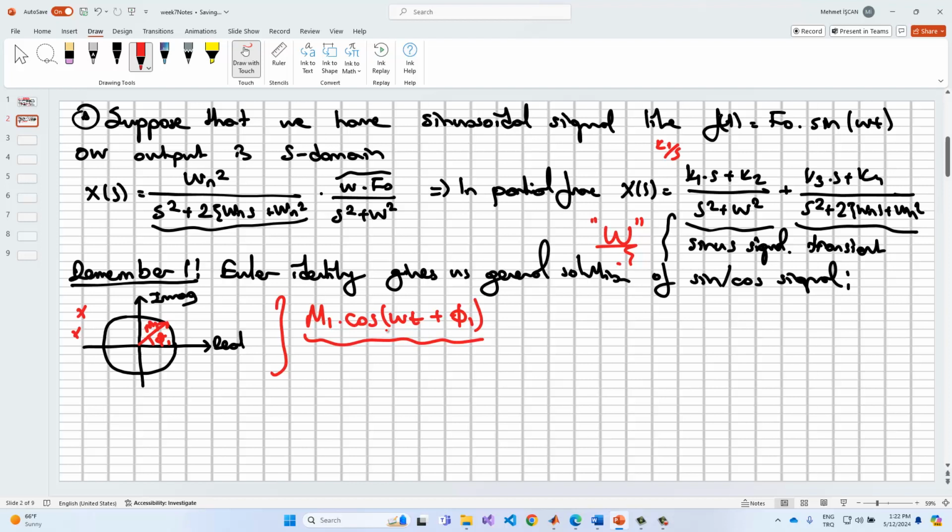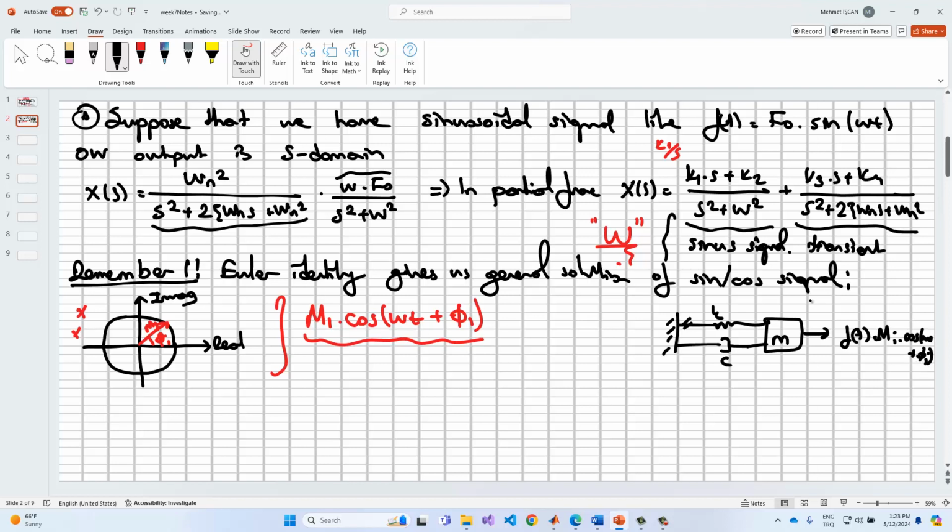Okay, and so how can we emulate these concepts here? Just remember the MCK system here: spring, damping, and the mass force value. And so F(t) can be equal to Mi times cosine (wt plus phi i).